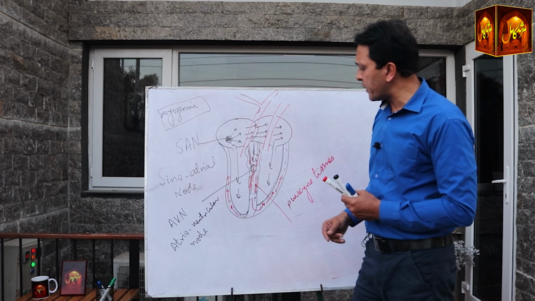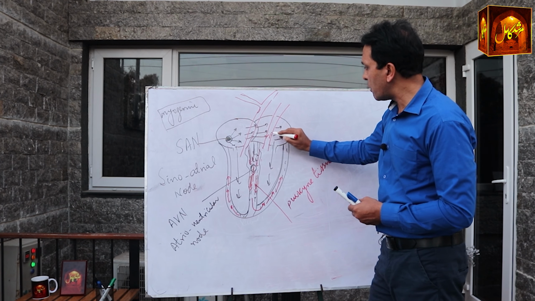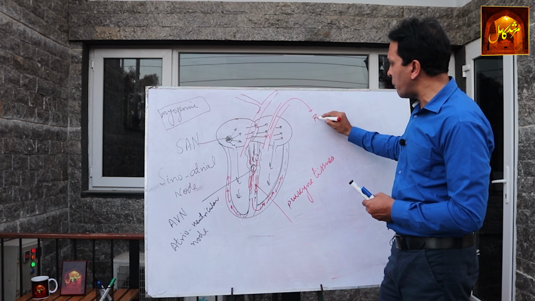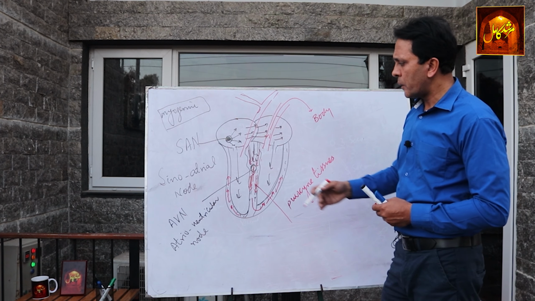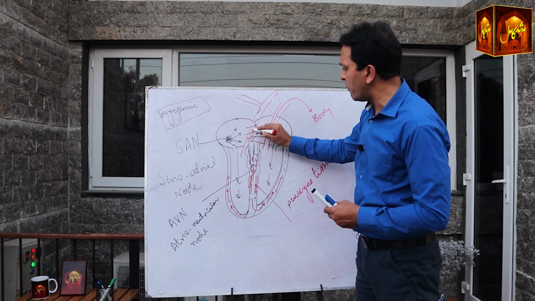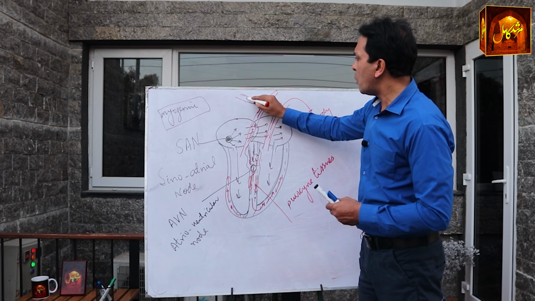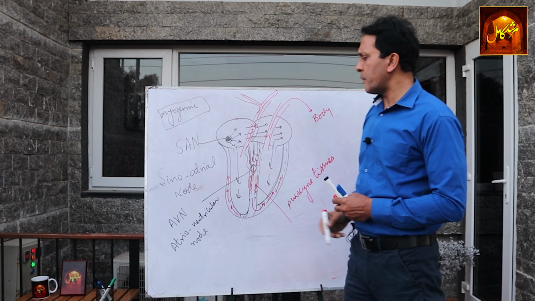From the left ventricle, through the aorta, blood will flow towards the body. This blood is oxygenated blood. In the right side, the deoxygenated blood, after passing through the semilunar valve, will flow towards the right and left lung.